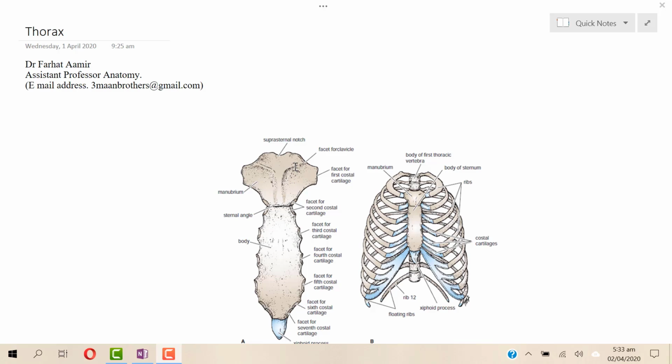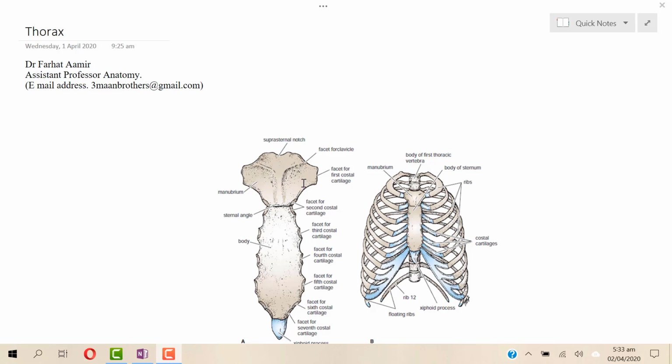Now I will tell you two levels here which are very important and which will come in the MCQs. This manubrium lies opposite the level of T3 and T4 vertebra, that is the third and fourth thoracic vertebra. The sternal angle lies posteriorly opposite the intervertebral disc between T4 and T5.